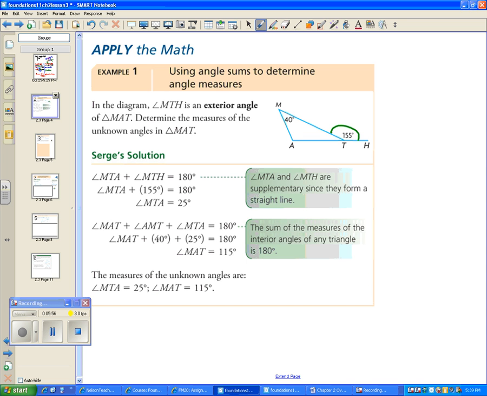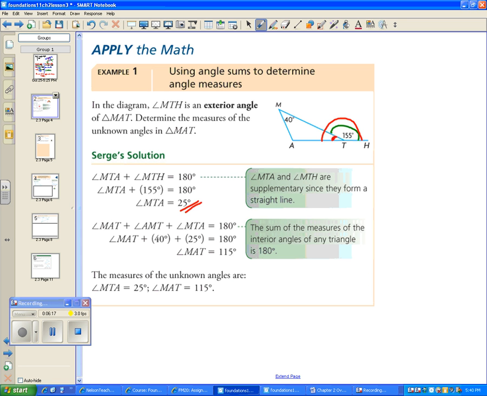He said MTA plus MTH equals 180. He said, look, this forms a straight line. That equals 180. Well, if that equals 180, he subtracted. He saw that that small part, MTA, must be 25.